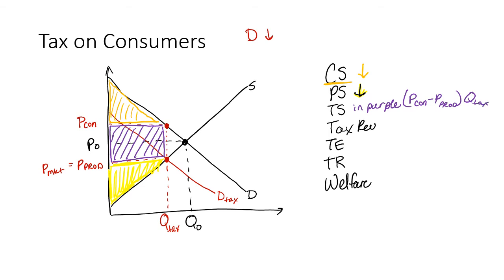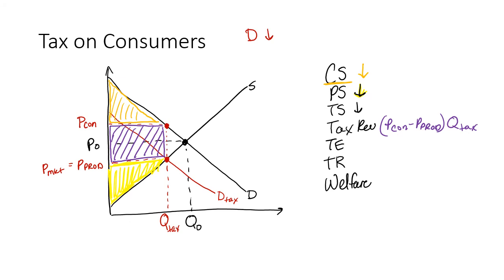It's important to use the quantity after the tax, not the one before, because things change once you put the tax in. I'm sorry, I labeled the wrong thing. So this is, there we go. And then total surplus, since producer and consumer surplus have gone down, total surplus is going down as well.